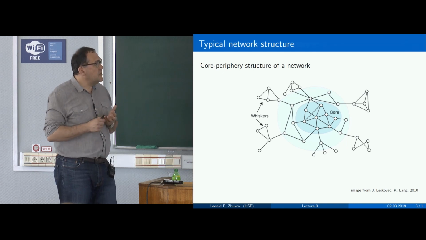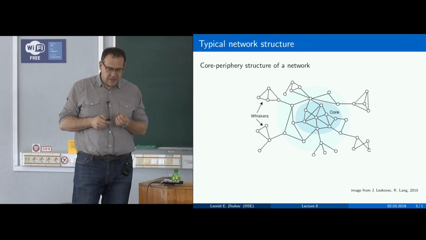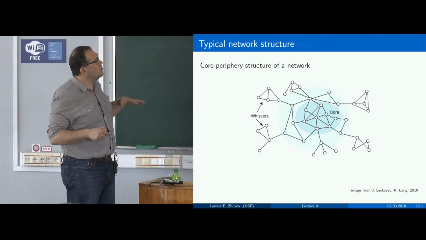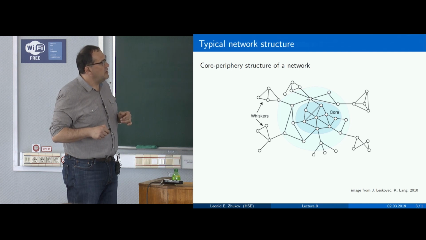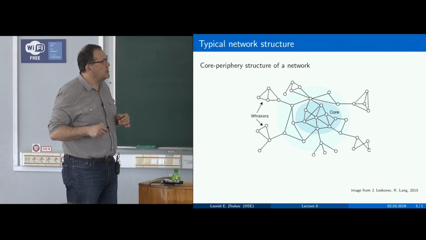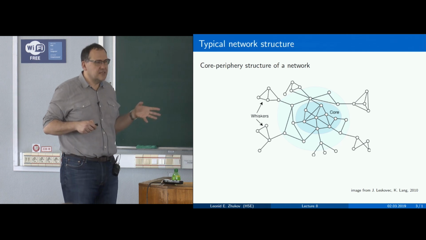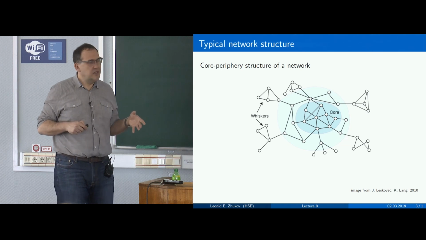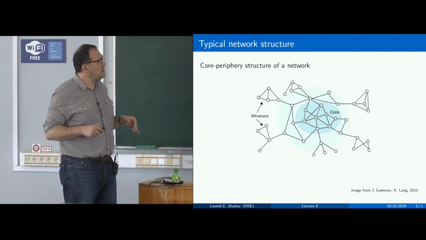And if you look at graphs, quite often they have this so-called core periphery structure. Core is usually a region of the network where we have very dense connectivity patterns. So there's a bunch of nodes, and they're connected among themselves.